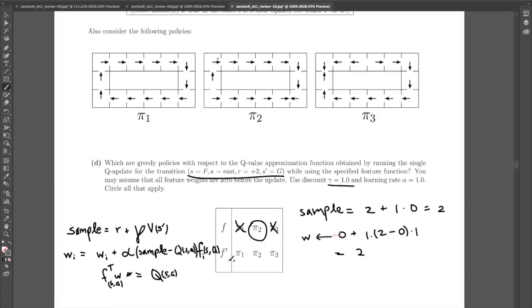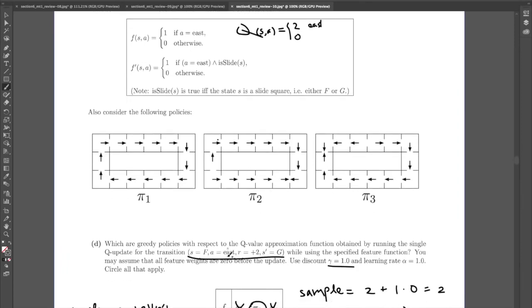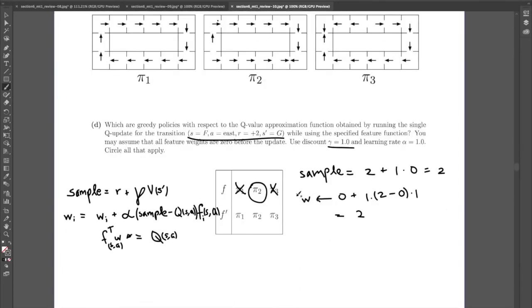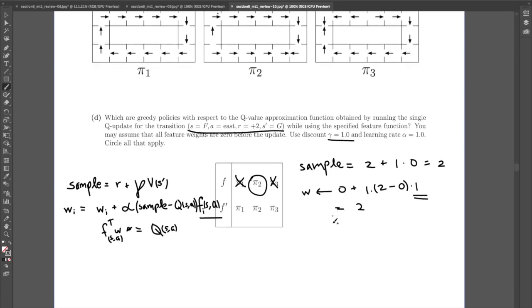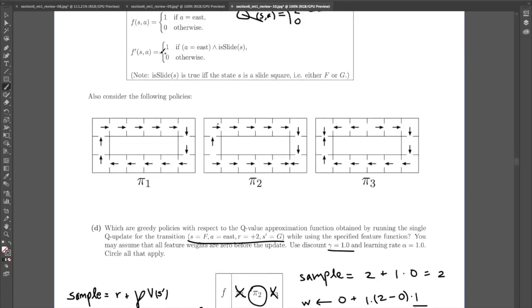Okay, what do we do for f prime? Well, it turns out that actually the weight update is exactly the same in the case of the function f prime, because the only place where the update changes is in this value over here, because this is equal to the function value, right? But in this case, what is this function? It is 1 if the action is east and you are currently on a slide.